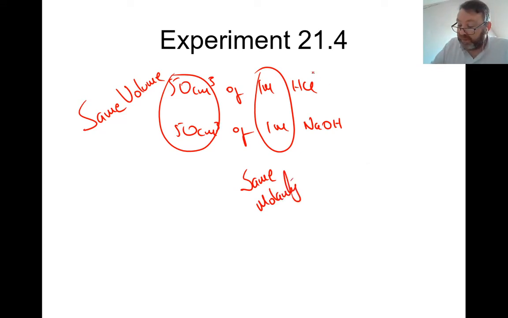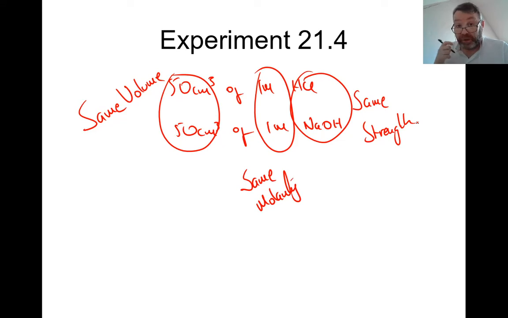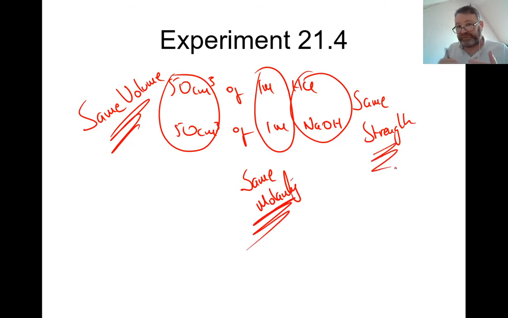Number three, the same strength. So these are strong acids and bases. HCl is a strong acid, NaOH is a strong base. So they are perfectly matched. In fact, everything about them is equal. We're putting in the same volume of the same molarity of the same strength acid and base.